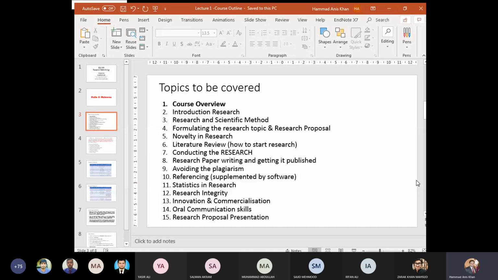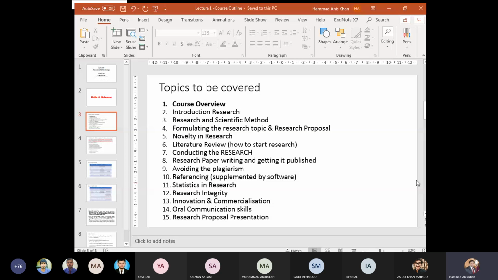It will have some activities in which I want to explore some qualities in you. For example, if I'm teaching you a research methodology course and I expect you to do research, then how will I assess how good you are in research? I will give you some tasks.